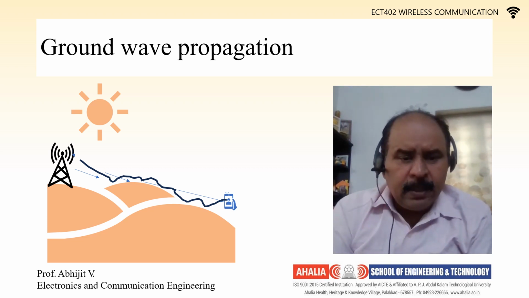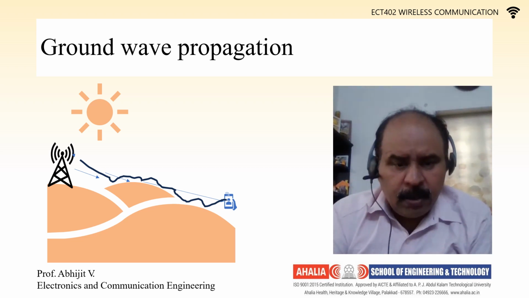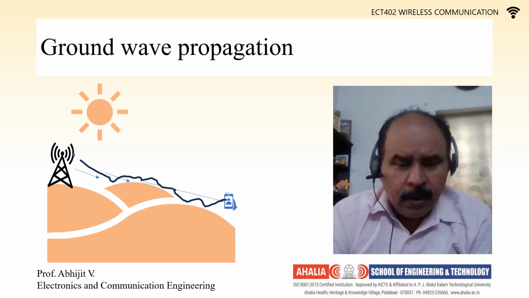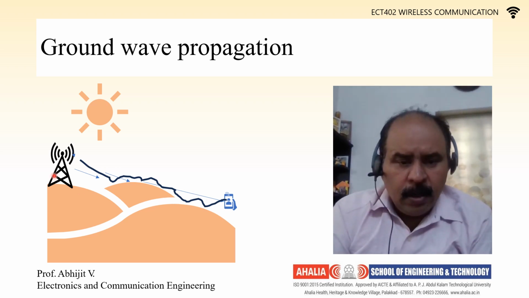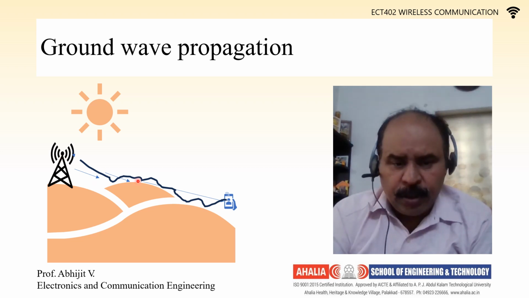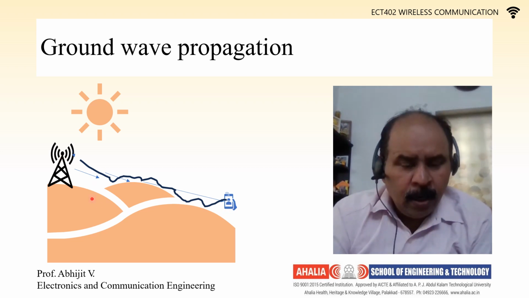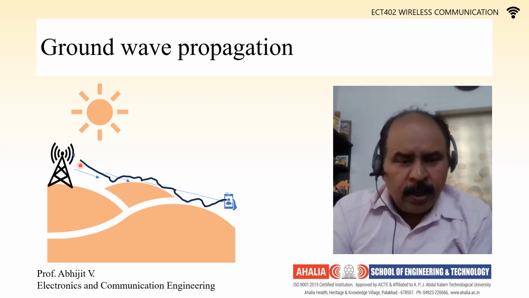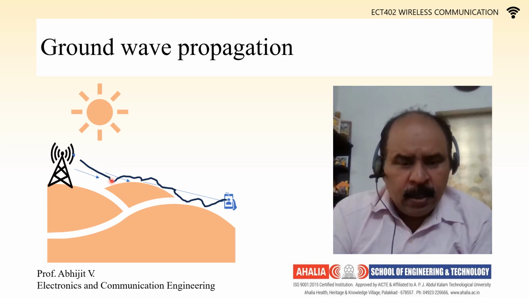So let us imagine that there is a transmitter here and a receiver here, and the electromagnetic waves are directed to move from this transmitter to the receiver in this particular direction. When it moves, it comes across different terrain of the earth, and once it hits the earth, it changes.